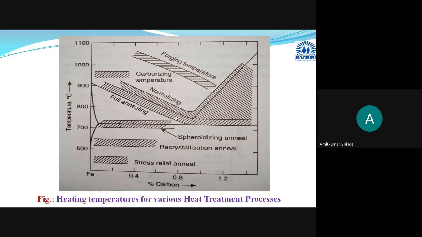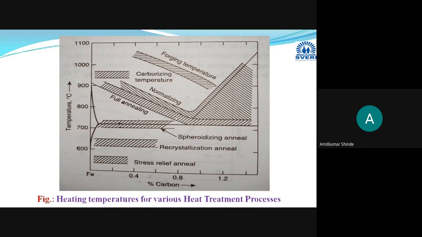What is the purpose of providing this holding time? To austenize the steel, that means to get homogeneous austenite phase at that temperature, and to obtain equalization of the temperature, this soaking or holding is performed.